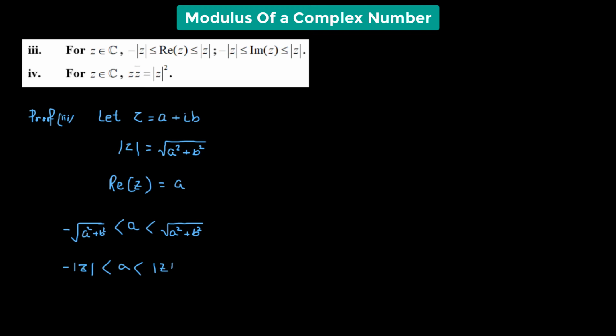So the real part of the given complex number z lies between the absolute value of negative z and positive z. We can check this out with an example.